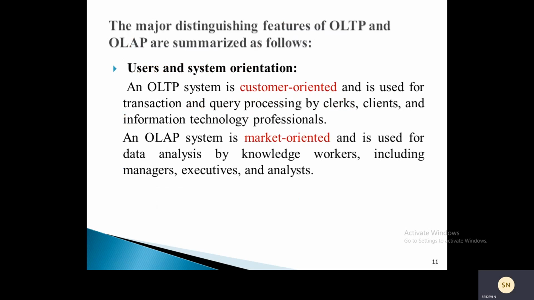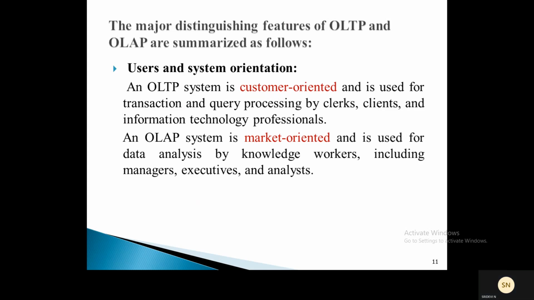How do we distinguish between the features of OLTP and OLAP? An OLTP system, online transaction processing, is customer oriented and is usually used for transaction and query processing by clerks, clients, and information technology professionals.